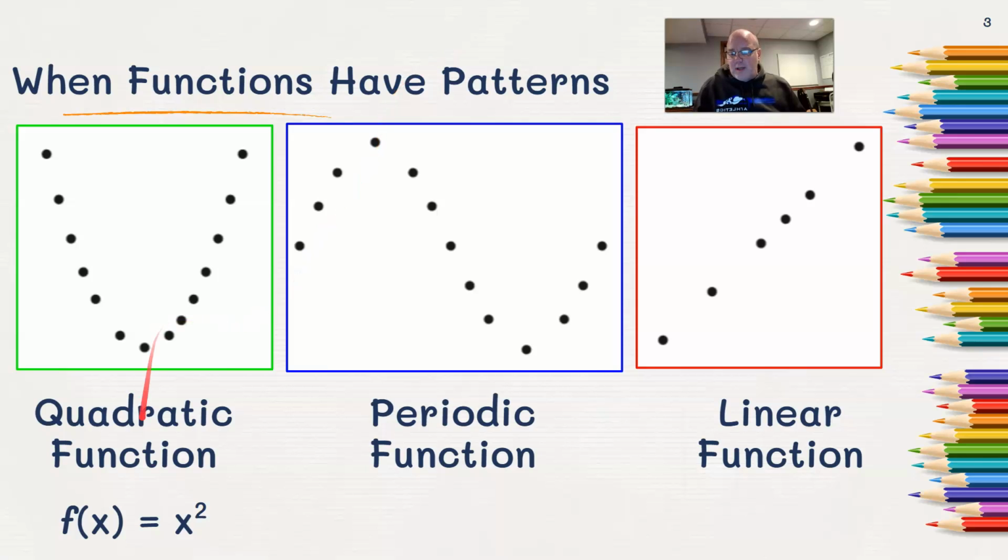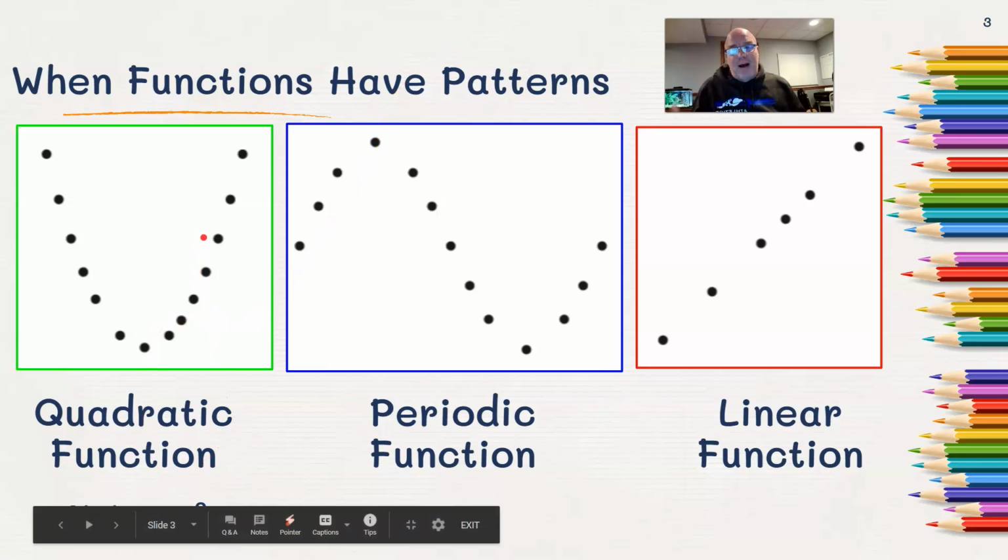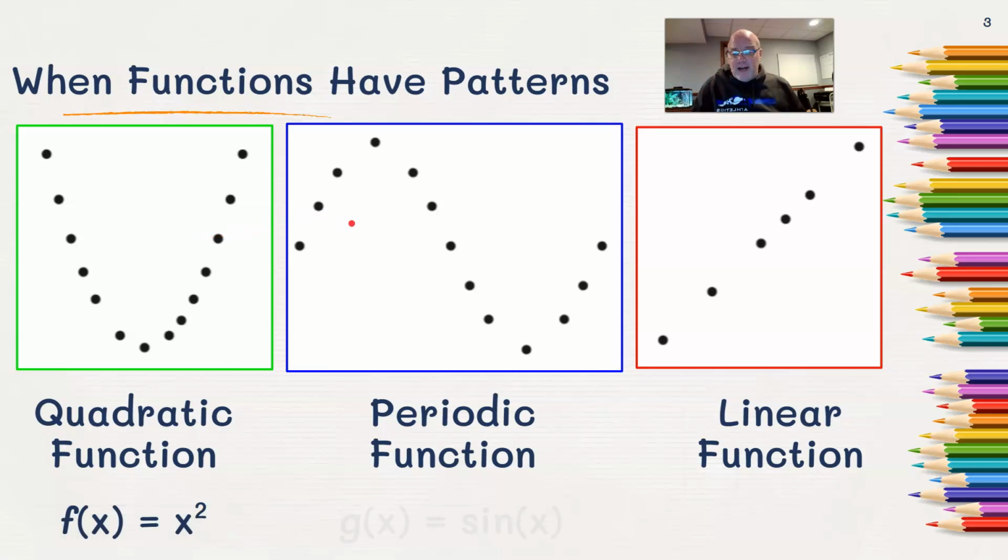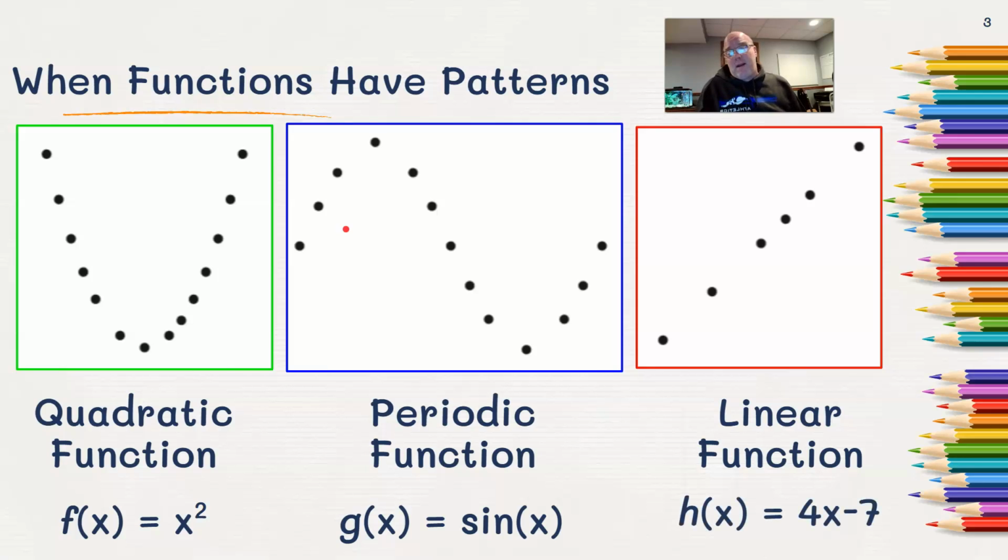And when we have this relationship between inputs and outputs, we get that parabola-shaped graph. Or in a periodic function, we might have g of x equals sine of x. And that creates that periodic pattern. And then in a linear function, this is probably where you're most familiar with slope-intercept form, where we have something like 4x minus 7.